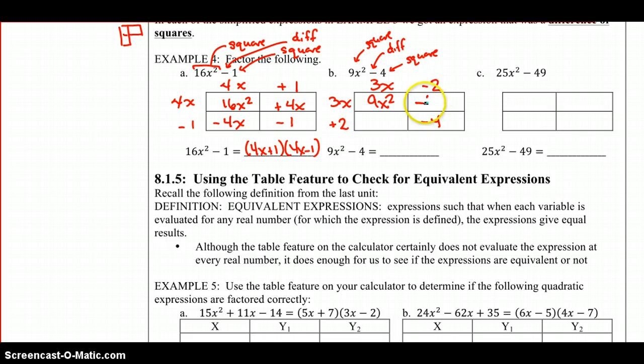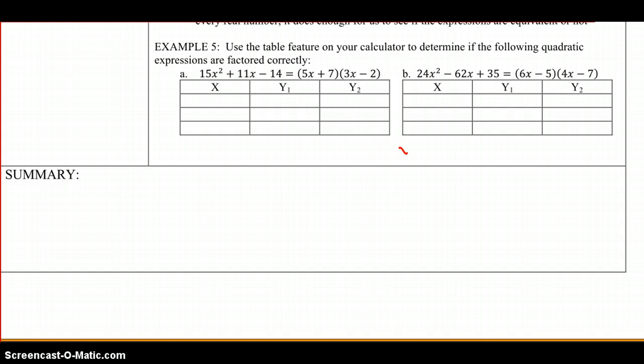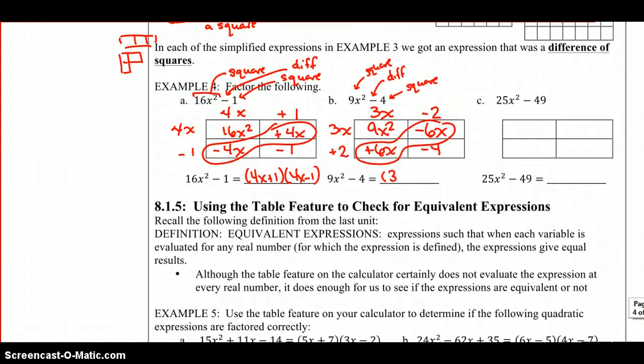So it's going to give us negative 6x, positive 6x. So again, when we collect like terms here, we're going to get 0x, just like we did here. And we're going to get 9x squared minus 4. So this factors as 3x minus 2 times 3x plus 2.